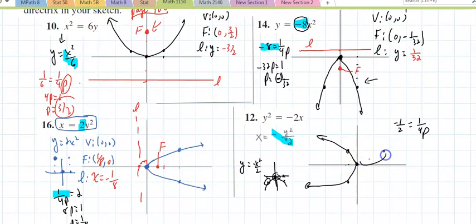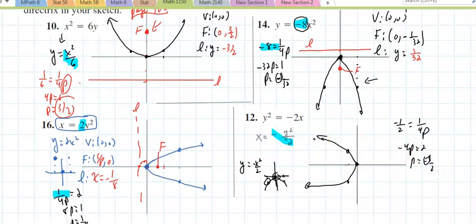So, if I cross multiply, I'll get negative 4p equals 2, p is negative 1/2. Again, the only significance of p being negative tells me the graph opens up to the left.